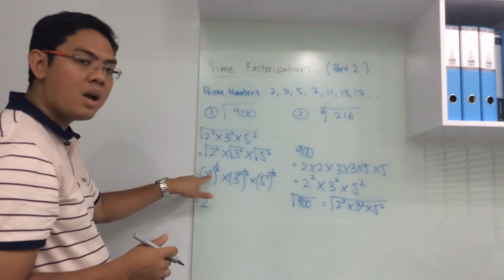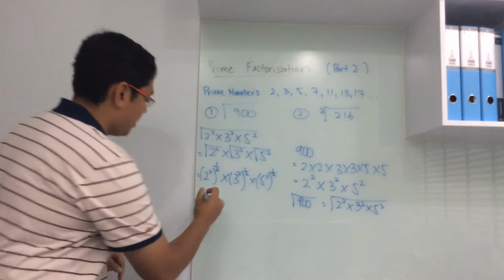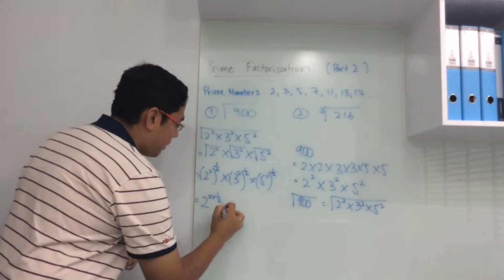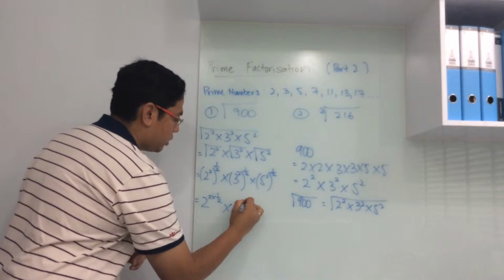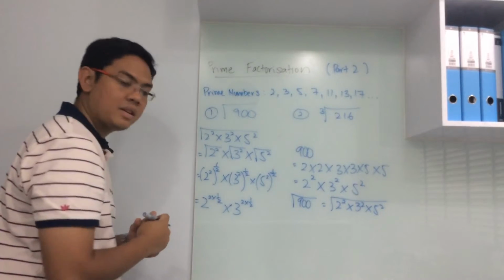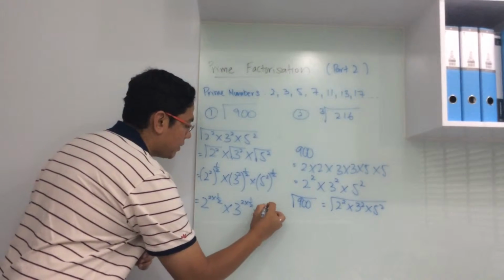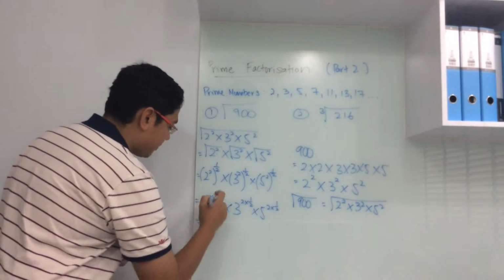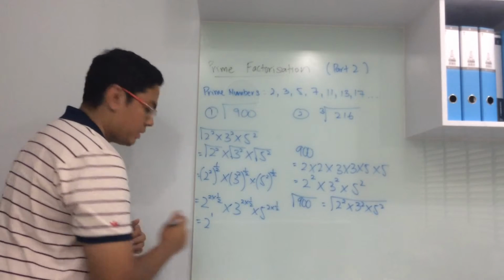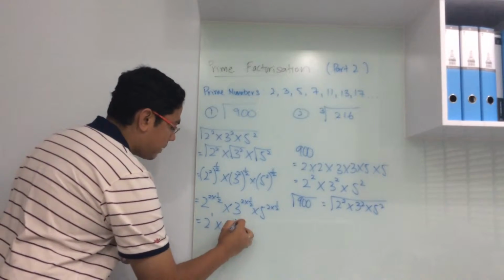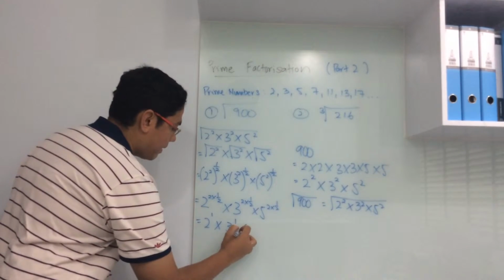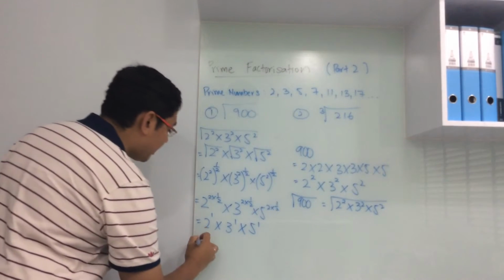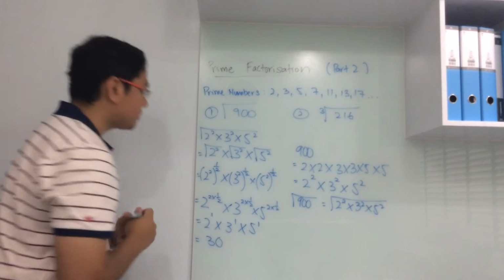We take 2 multiplied by half, multiplied by 3, 2 multiplied by half, and 5 power 2 multiplied by half, which gives us 2 power 1 multiplied by 3 power 1 multiplied by 5 power 1, and you will get 30.